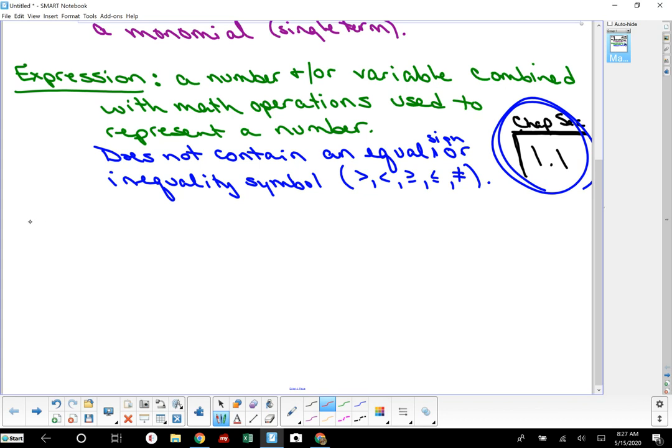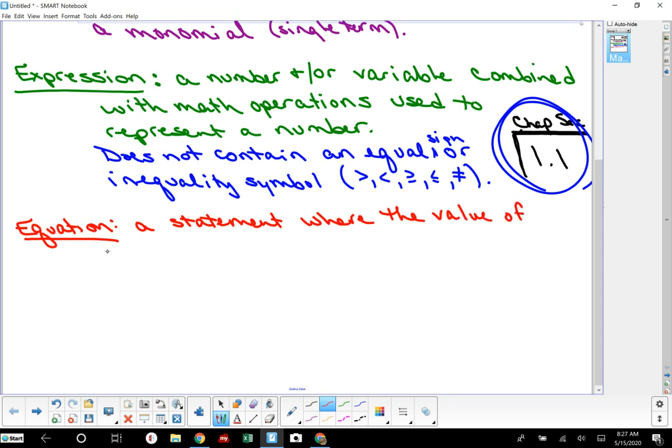All right, next is an equation. An equation is a statement where the value of two mathematical expressions are equal to each other.